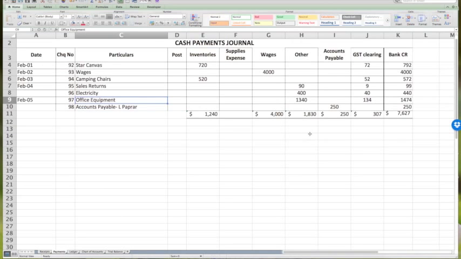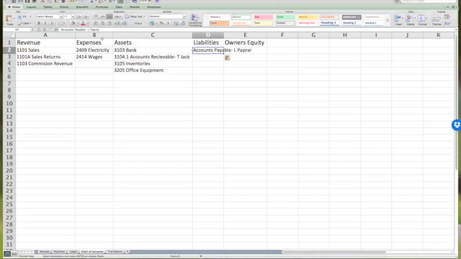So back into our cash payments journal, if we look across the top, yep, so we've got accounts payable here. So pop that in here.